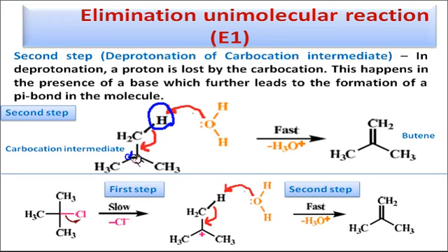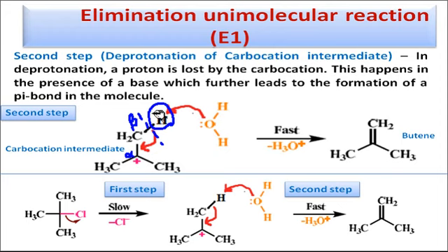The alpha carbon atom is the carbon atom where the positive charge is present, and the beta carbon atom is the next carbon atom from the alpha carbon atom. So in the second step, hydrogen is eliminated from the beta carbon atom. When hydrogen is removed from here, one valency of the beta carbon atom becomes free, and obviously there is the positive charge.